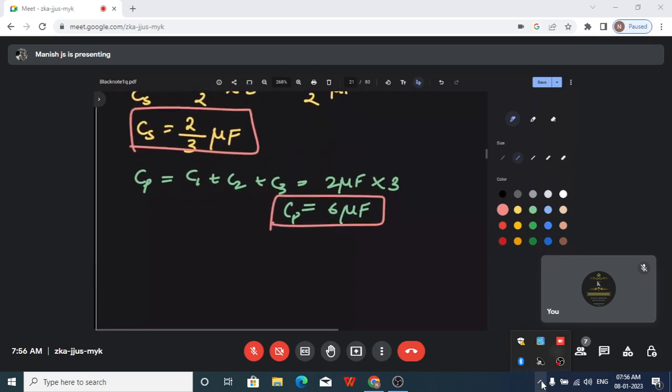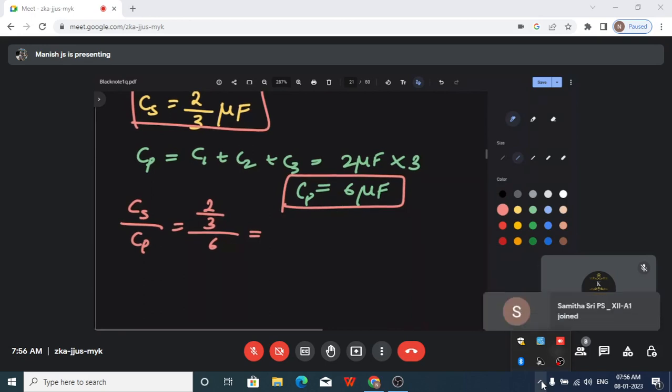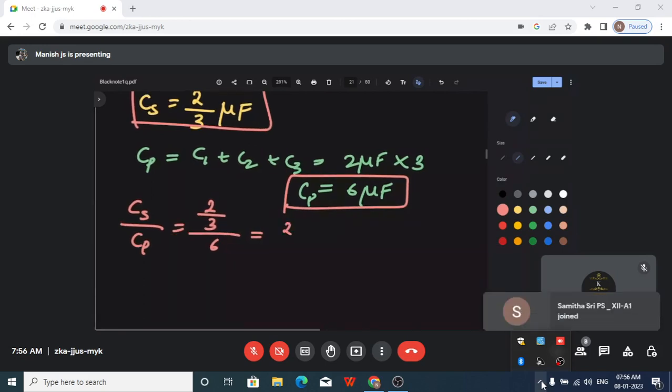Now we go for taking the ratios. CS by CP is equal to 2/3 upon 6. Go for a simplification. 2/3 the whole divided by 6, you will get 2/18.